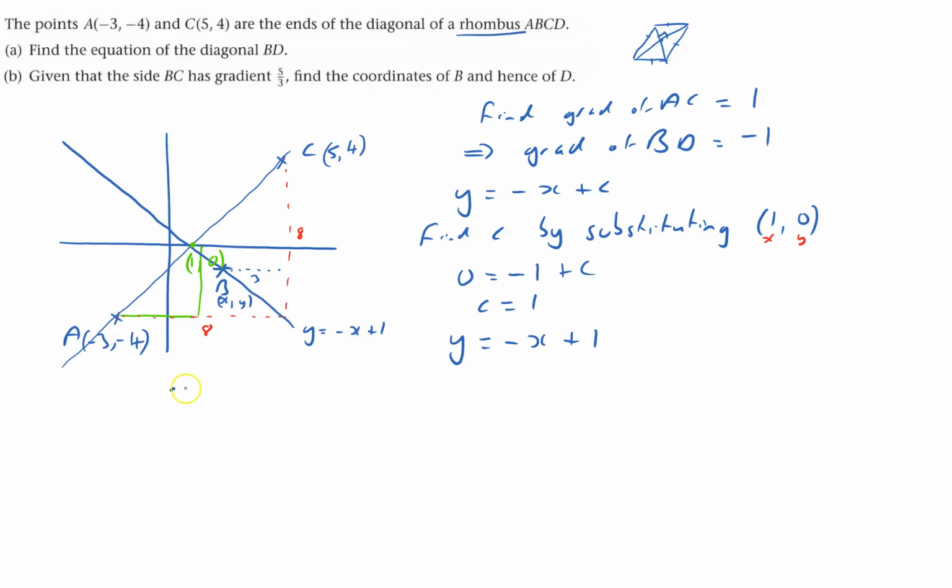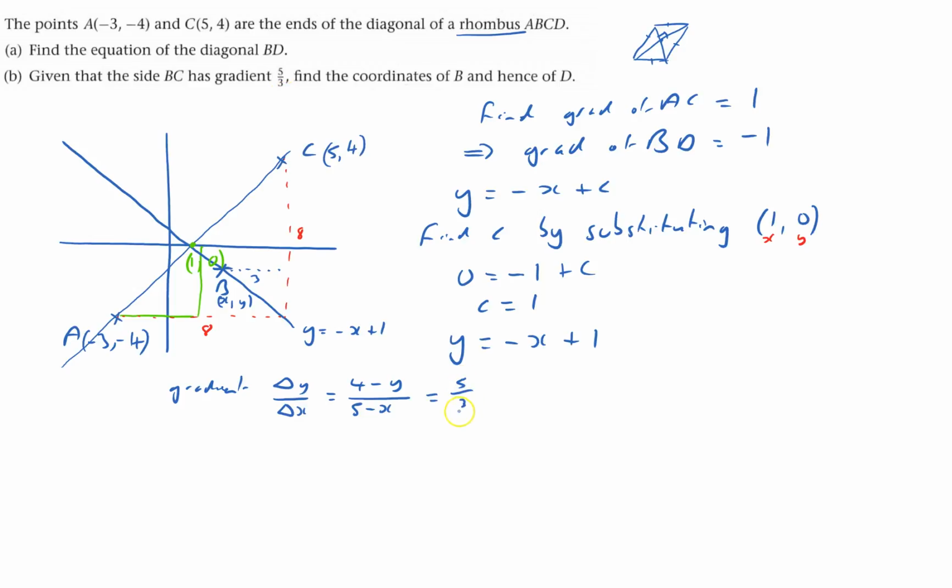So gradient is change in y over change in x, which equals change in y, which is 4 minus y, over change in x, which is 5 minus x. And that says that that equals 5 over 3.